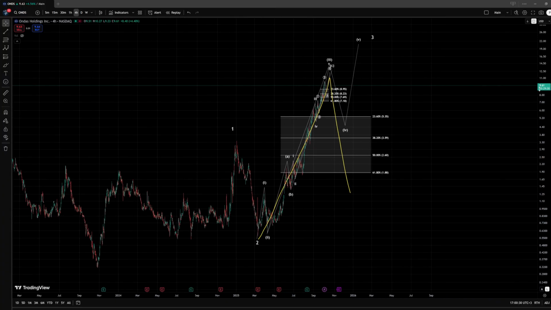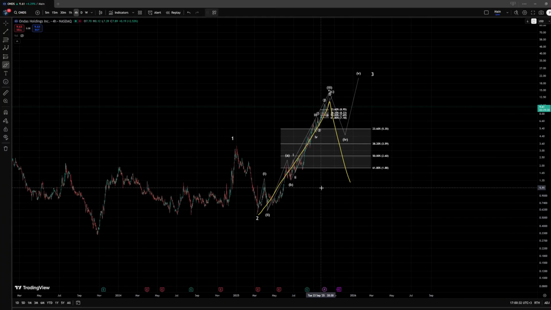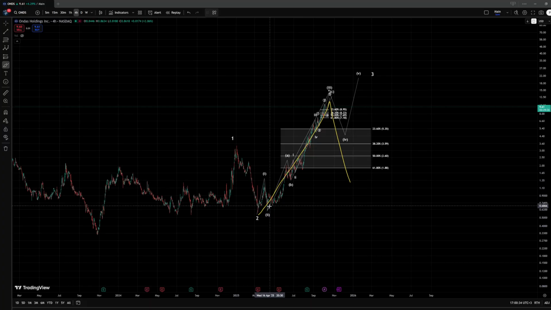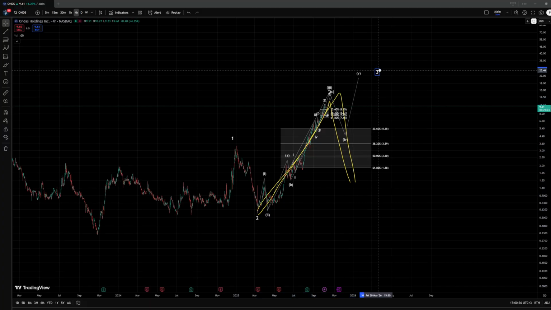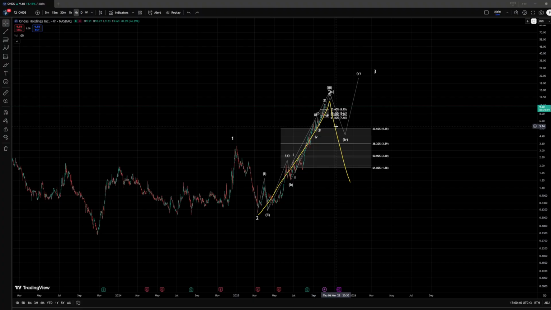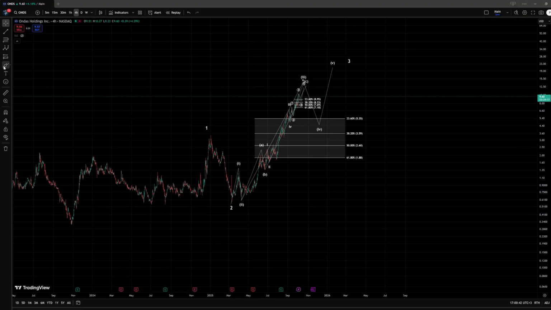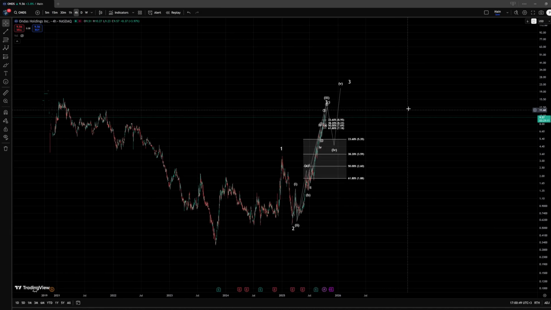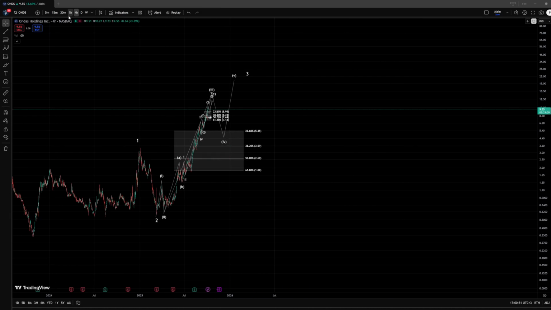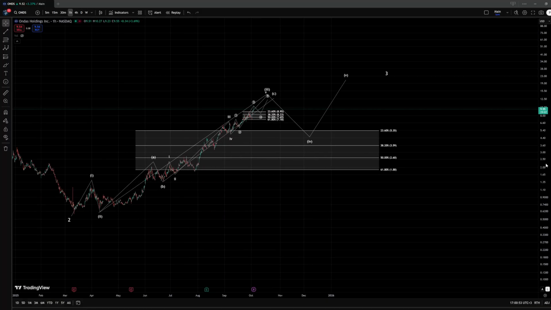But if that fails, if even this A-B structure within a larger third wave to the upside fails, I would be extremely cautious of any potential upside that could really appear on this chart, and instead I would most likely be looking again for a more bearish interpretation, a more bearish scenario. But for now, these are the levels, this is the trade setup.